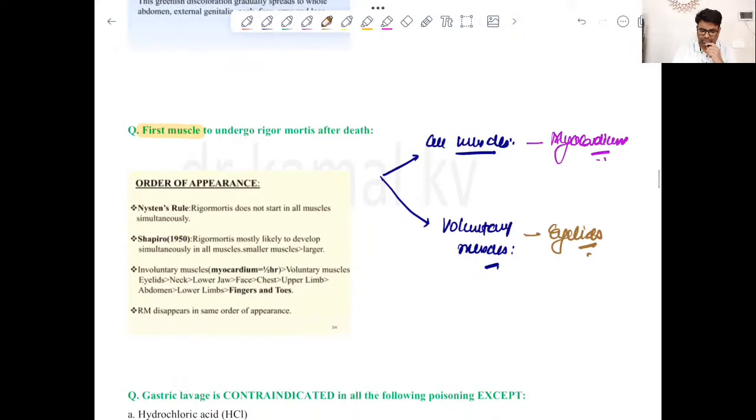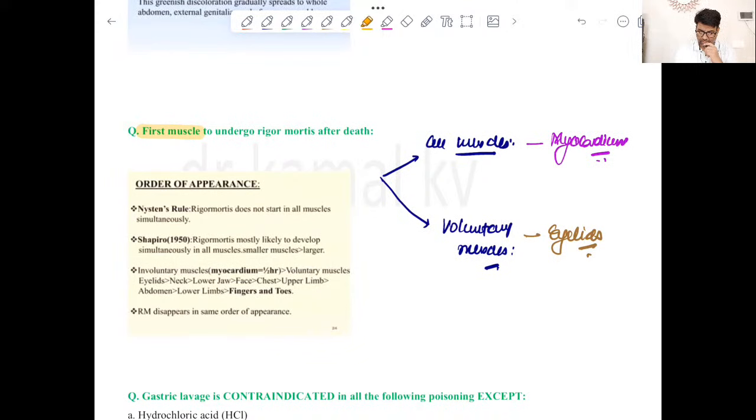And then there is one important fact: rigor mortis will come in a sequence and it will go in the same sequence. So that is a very important and very unique feature of rigor mortis. The order of appearance of rigor mortis in muscles is the same as the order of disappearance from the muscles, right?